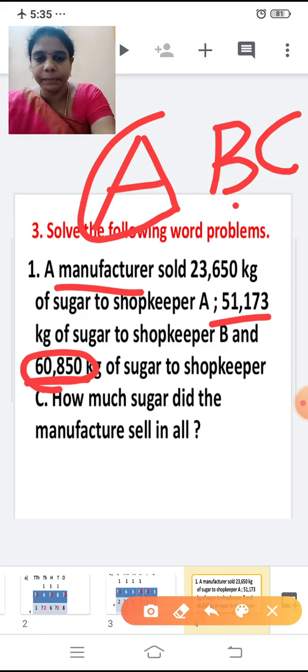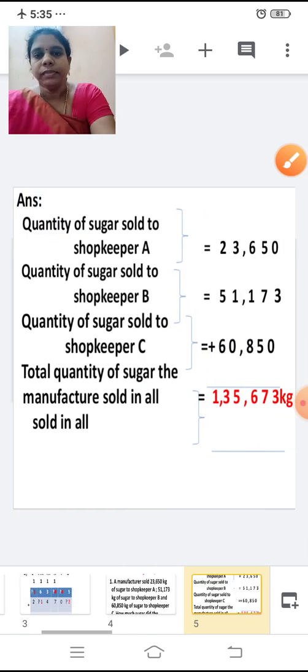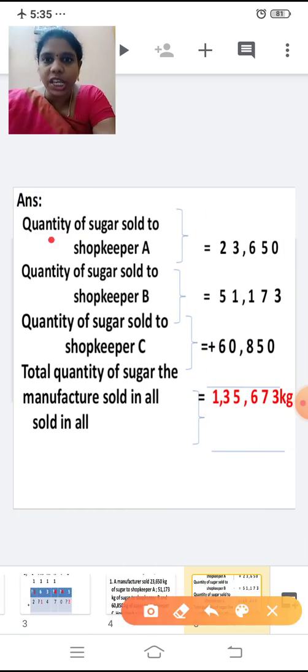Shall we add this now? Just statements. Quantity of sugar sold to shopkeeper A, how much? 23,650. Write it down, children.